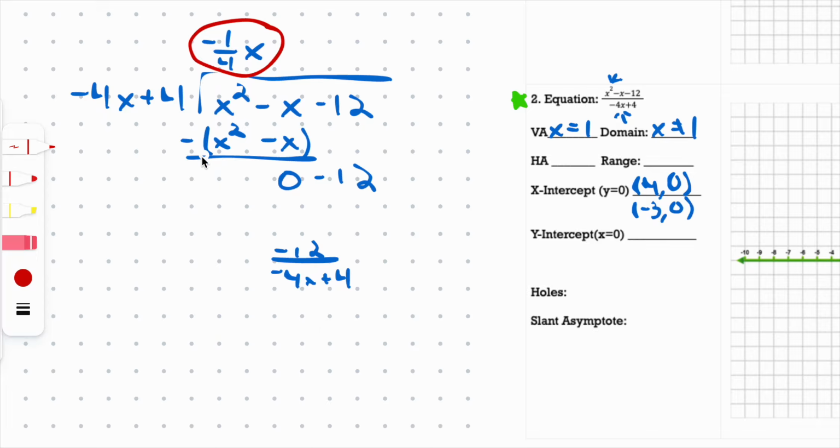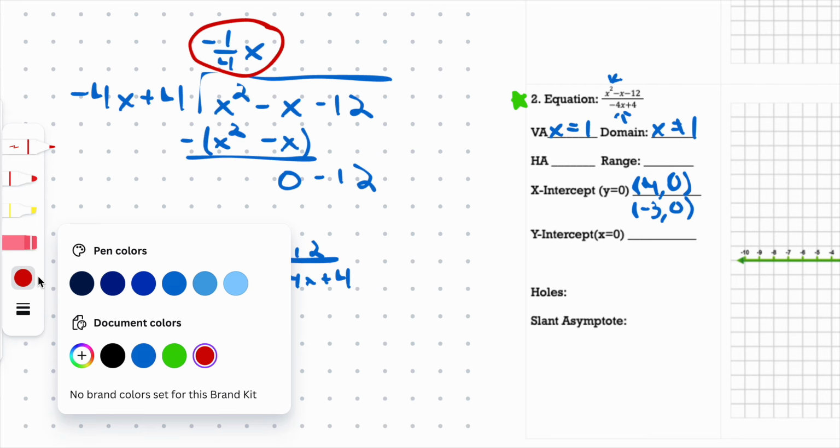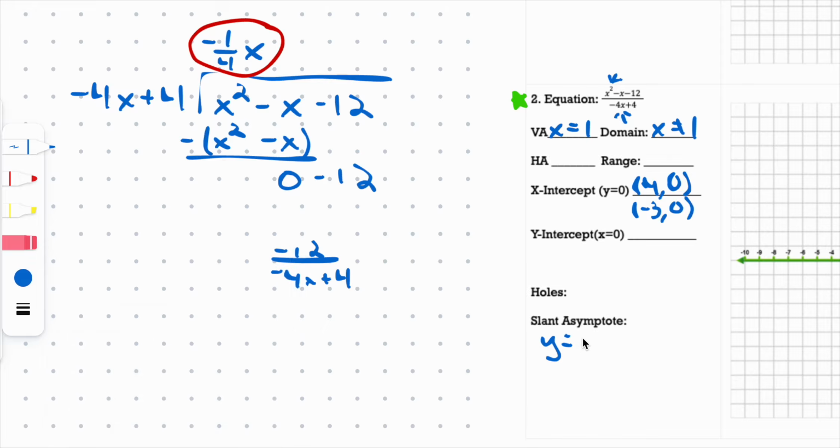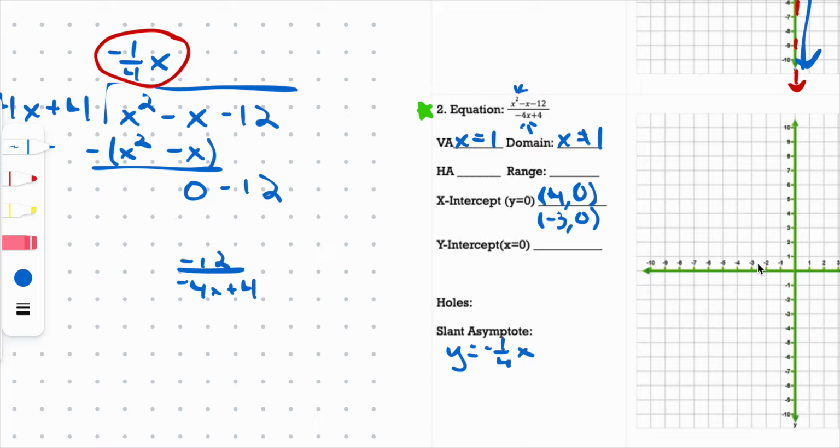You just want to do this all the way out to the point where you get this linear line, something times x, and in this case the constants canceled out, but you might also see it like plus b, something like plus 3 or minus 7. This is going to be our slant asymptote. So we want to say y equals -1/4 x. Okay, perfect.